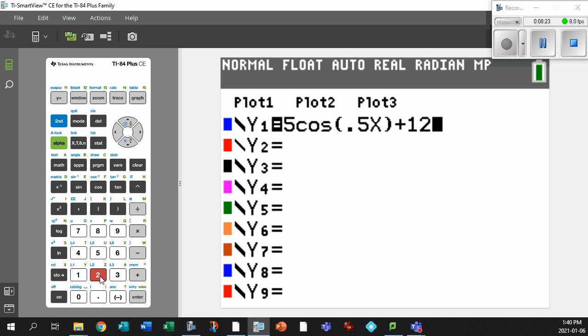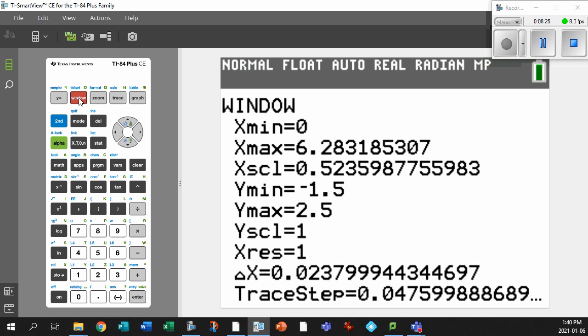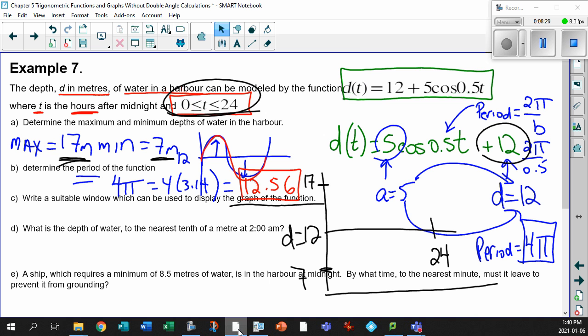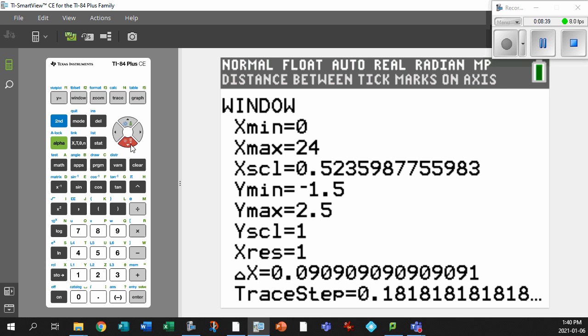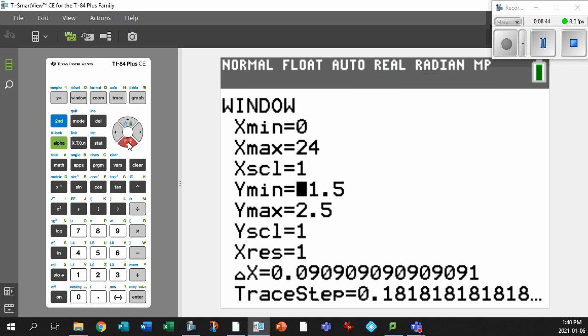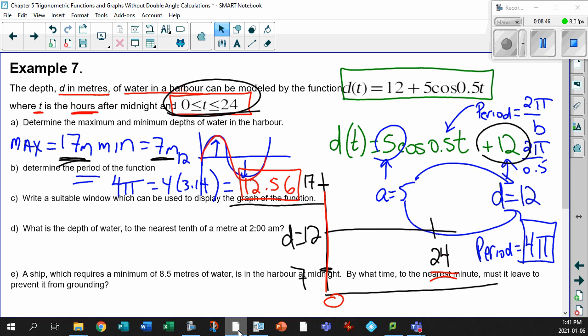Okay. Let's put our window settings in as we predicted. We still start from 0, but we're going to go to 24 hours. Okay, 0 to 24. Perfect. Next, let's go up by hours, 1. Our y min, remember, the minimum value looks like 7, our max was 17.